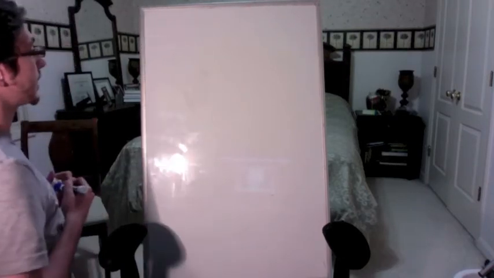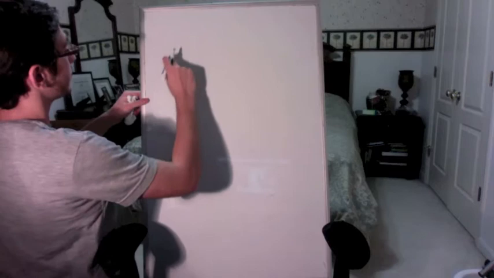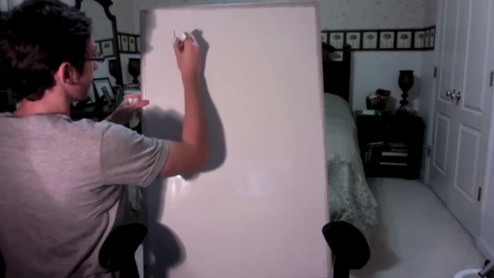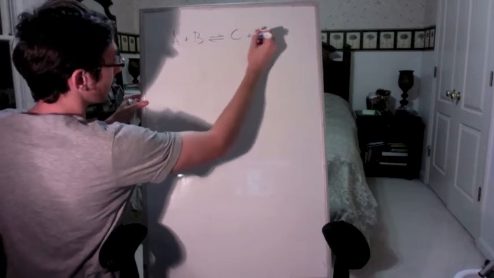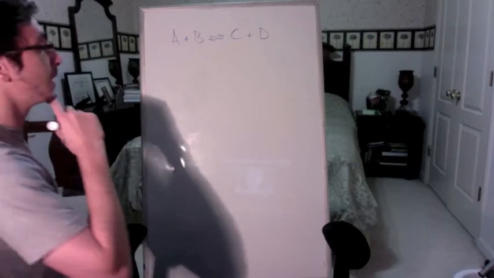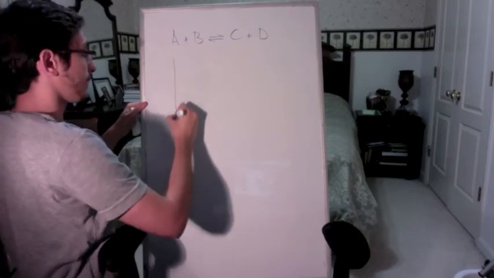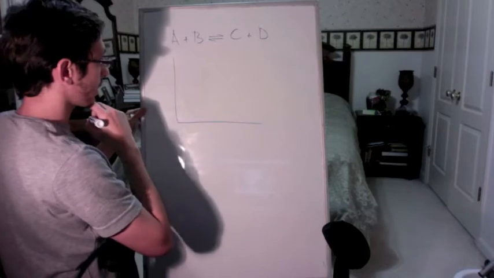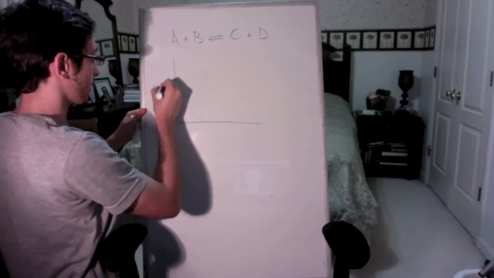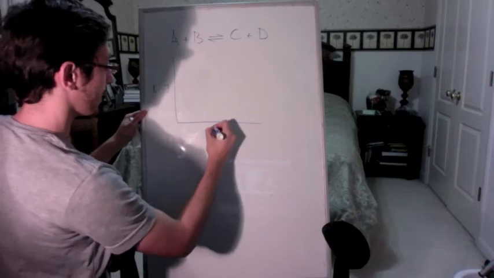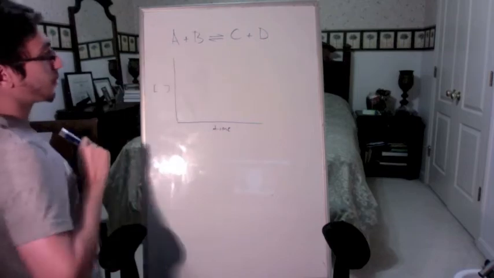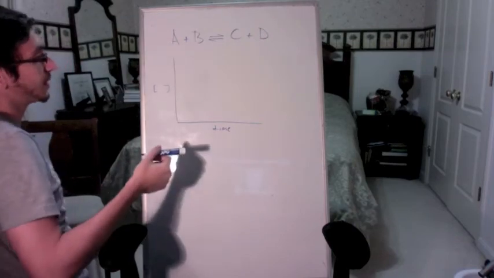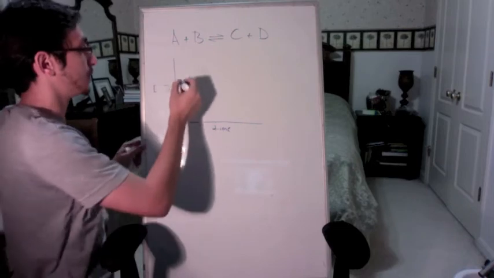Perhaps the best way to understand chemical equilibrium is by looking at graphs. So let's say we have the general equation substance A plus substance B goes to substance C and substance D. If we're going to draw a graph of concentration versus time, as A and B react to form products C and D, logically the concentration of the reactants will decrease.